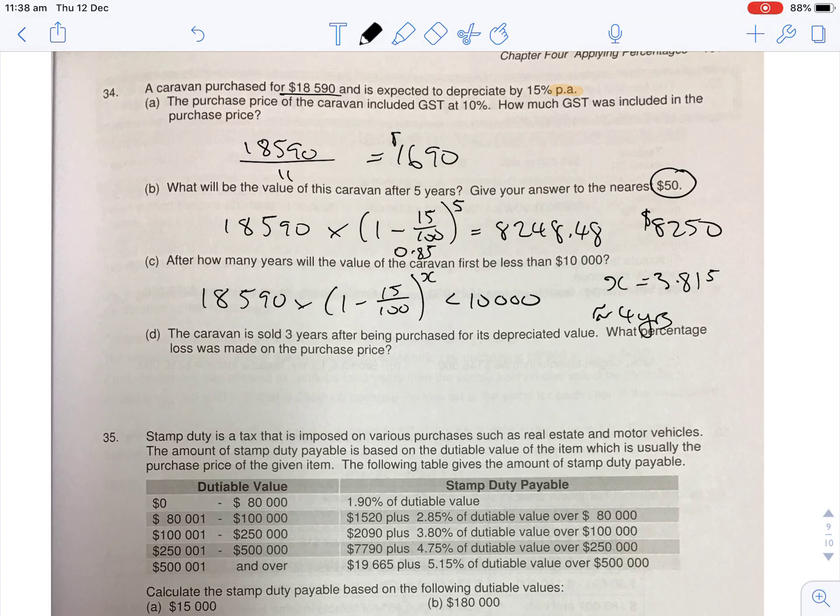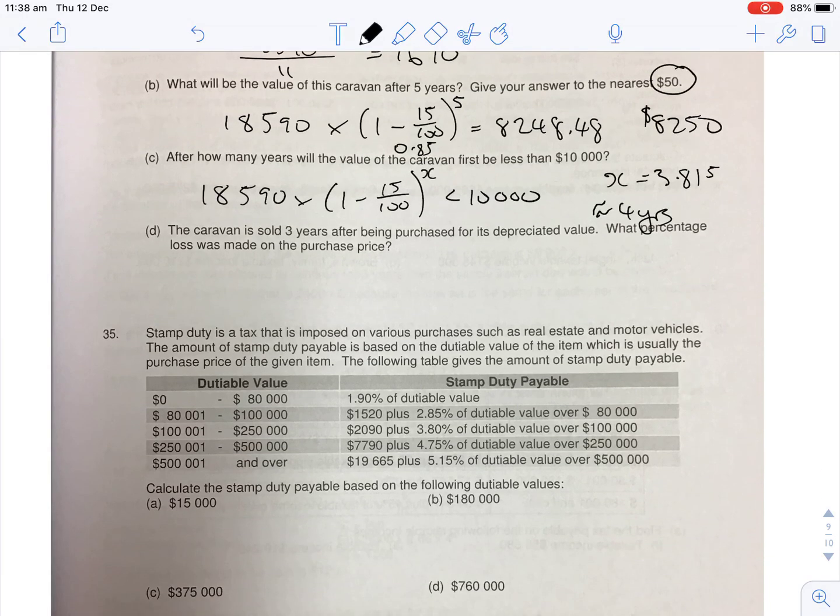At 3 years it won't yet have gone below it, at 4 years it will have gone too far. I'm just doing a double check on that. Yeah, so that's all you need to do there.